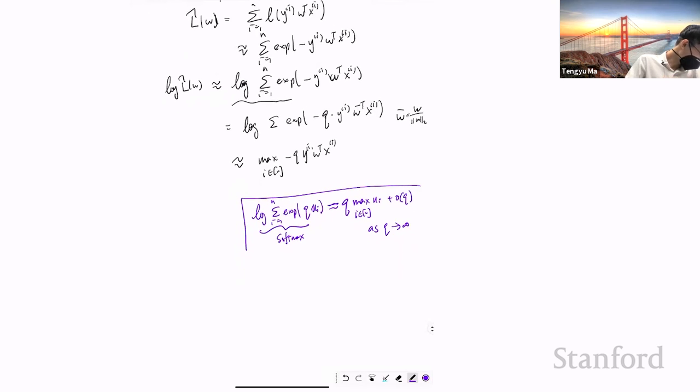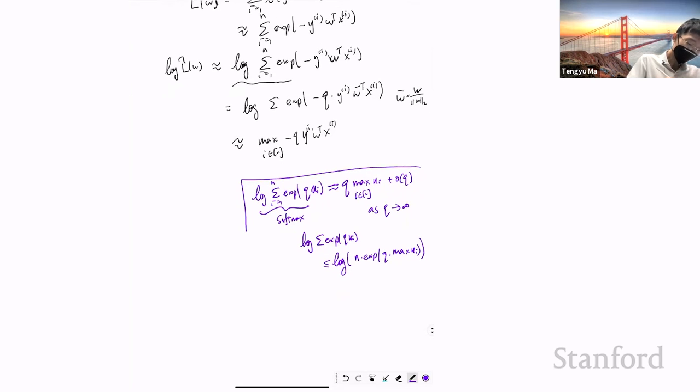If you want to prove this, just bound the sum of exponential of Q ui. The upper bound: replace each term by the biggest one, so it's the log of N times exponential of Q times the max ui. This is only log N plus Q times the max of ui.